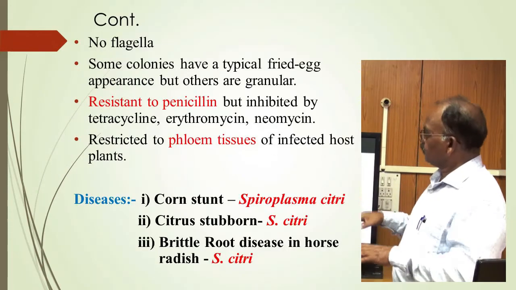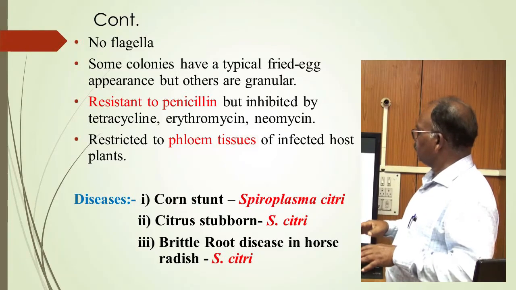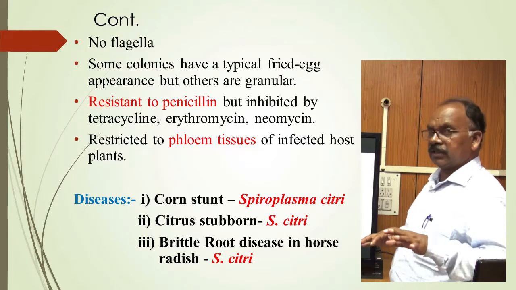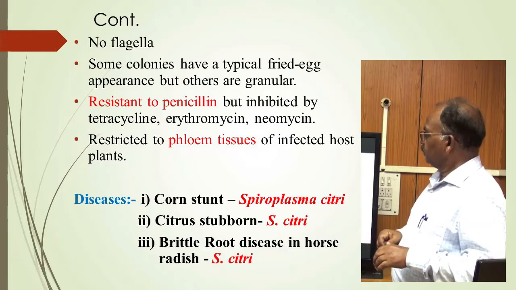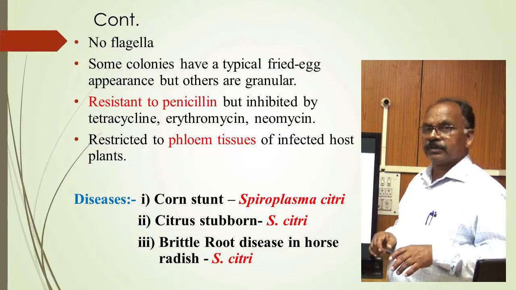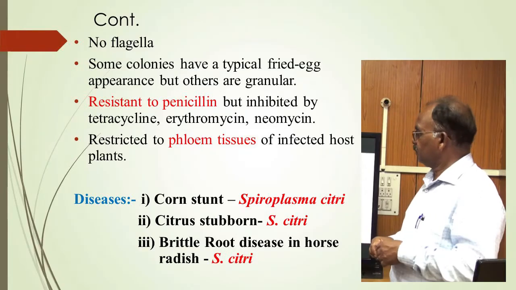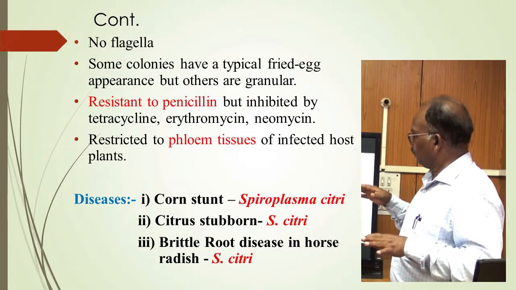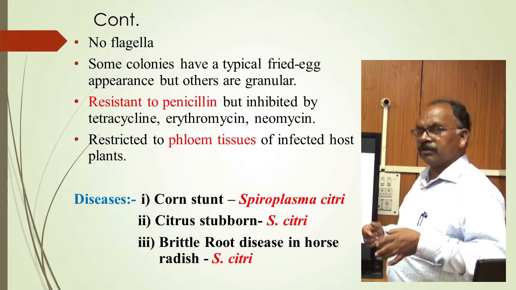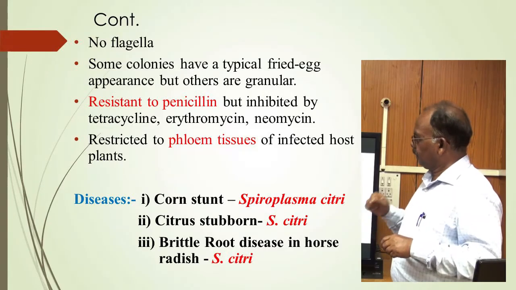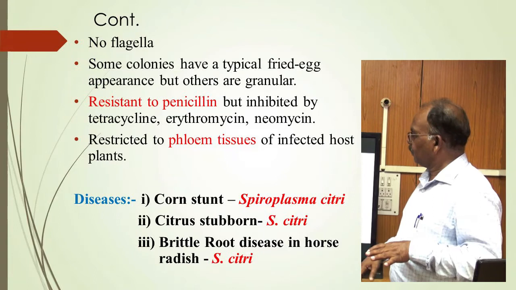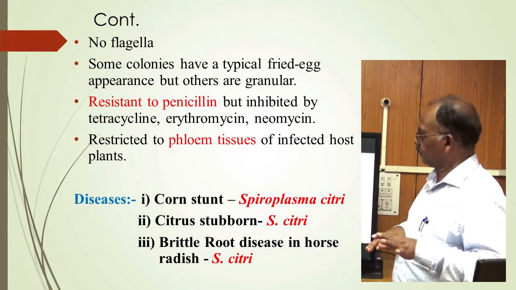They have no flagella. Some colonies have a typical fried egg appearance, but others are granular. They are resistant to penicillin, but inhibited by tetracycline, erythromycin or neomycin. Spiroplasma are restricted to the phloem tissues of the infected host plants.